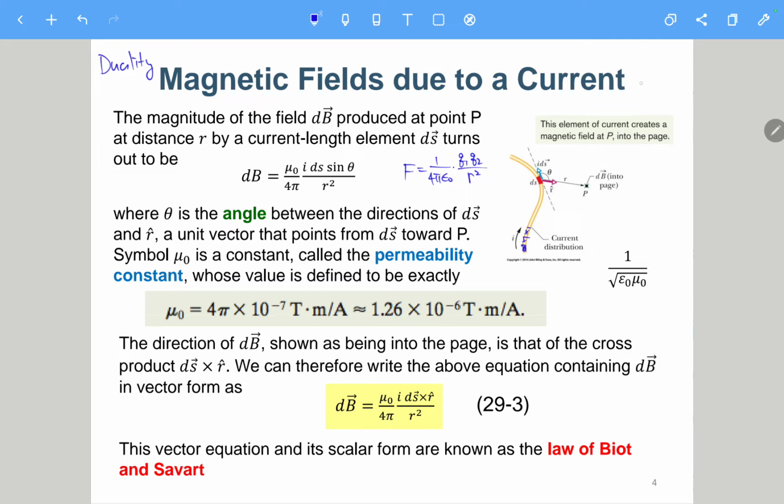For example, you change the E field into the B field and the electric dipole moment into the magnetic dipole moment, as I mentioned in the previous chapter.